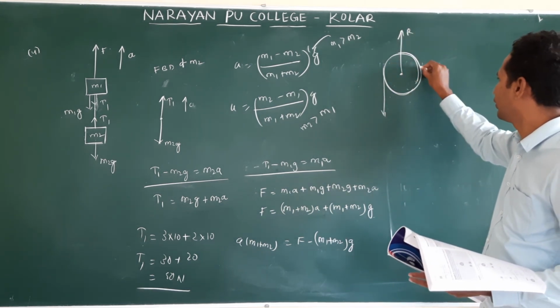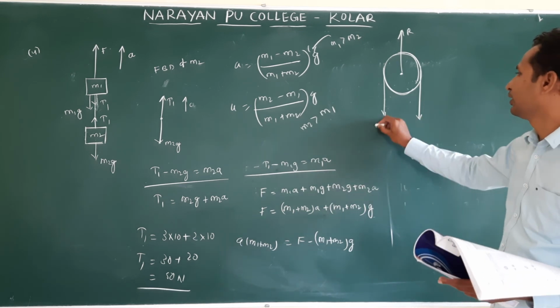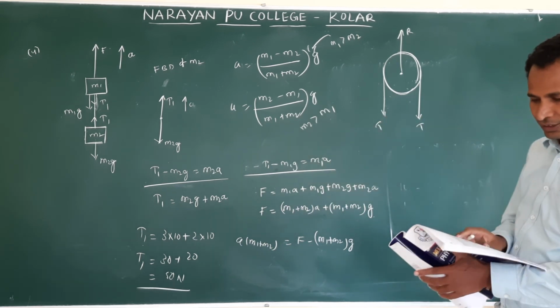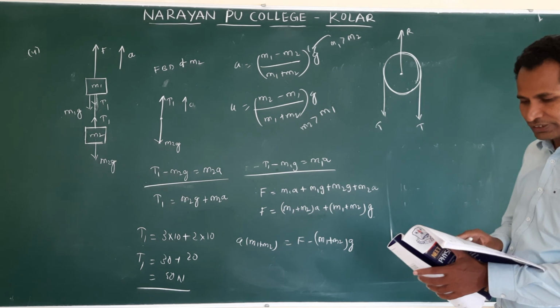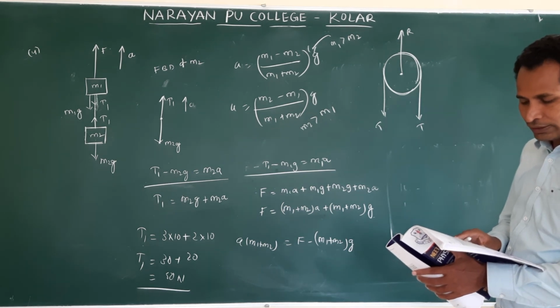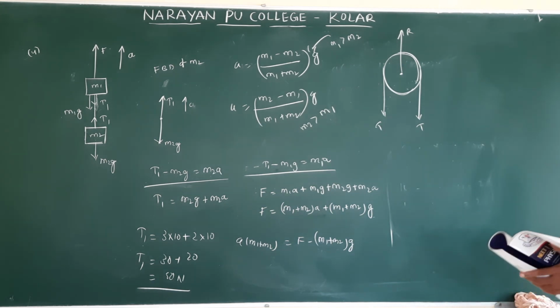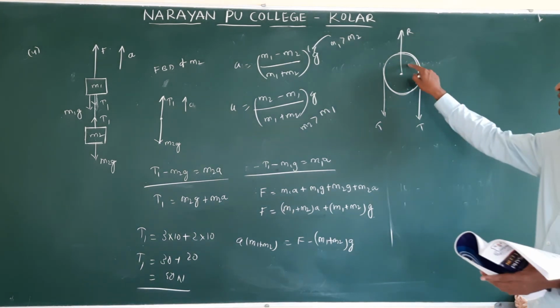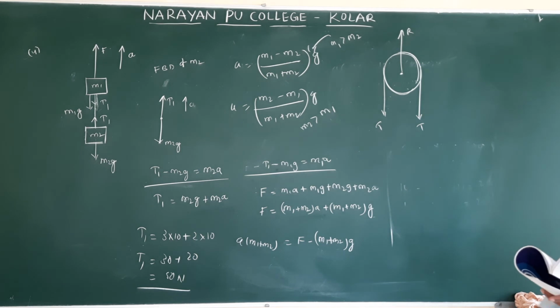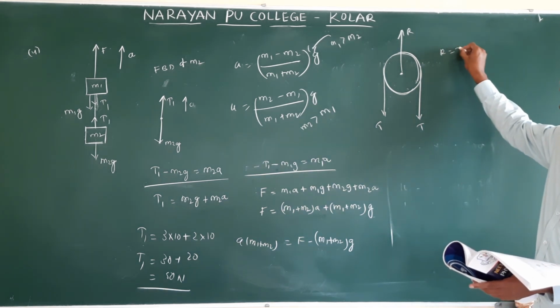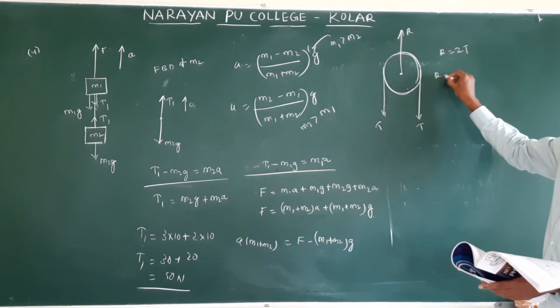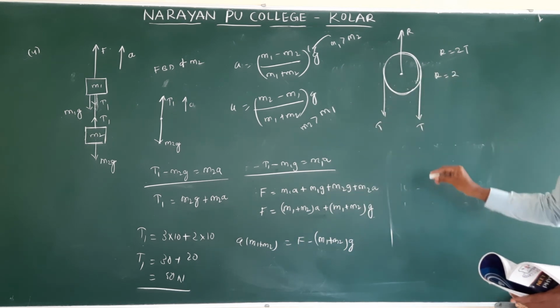Because of T. They mention massless: the arrangement, string and pulley are light masses. If the pulley also has mass, we need to take the mass of the pulley also. But they mention massless. Then how do we write R? R is equal to 2T. What is the tension formula? Tension formula is already given.